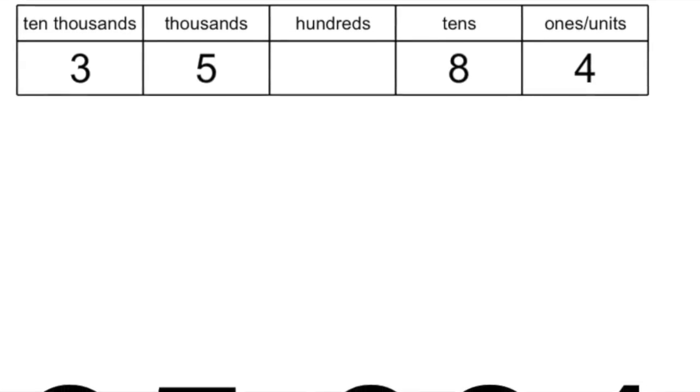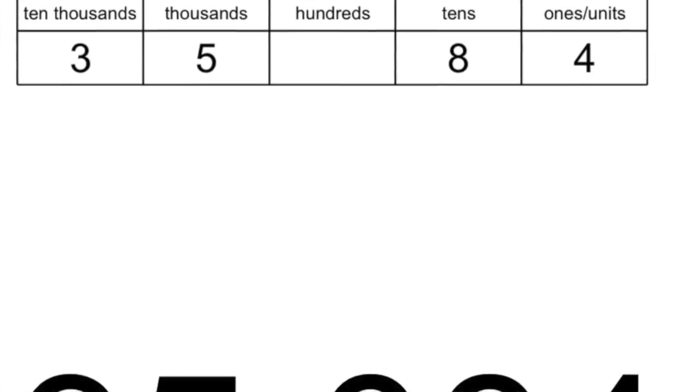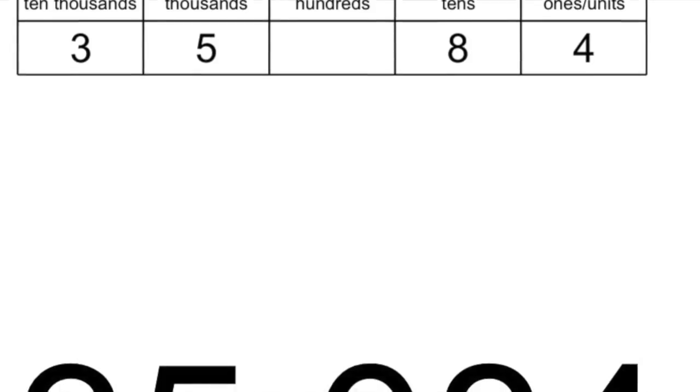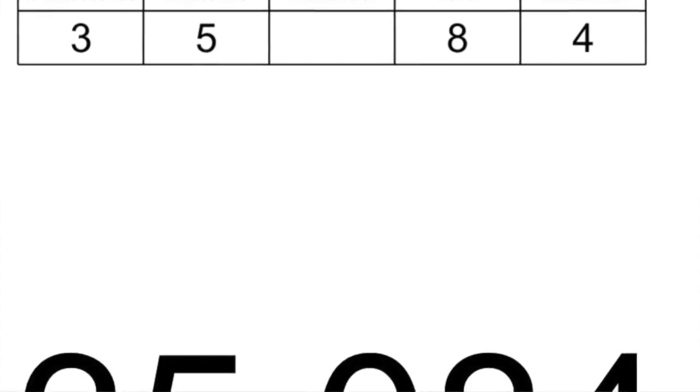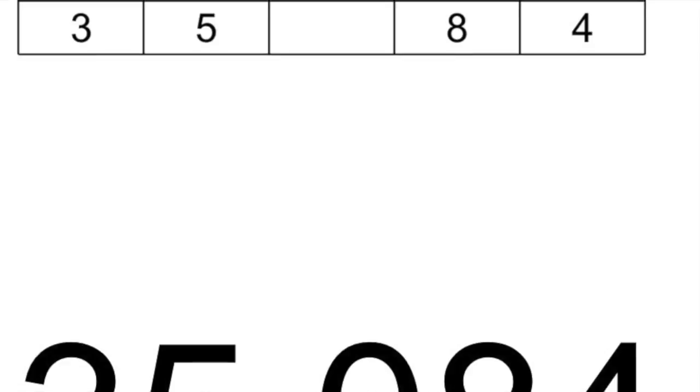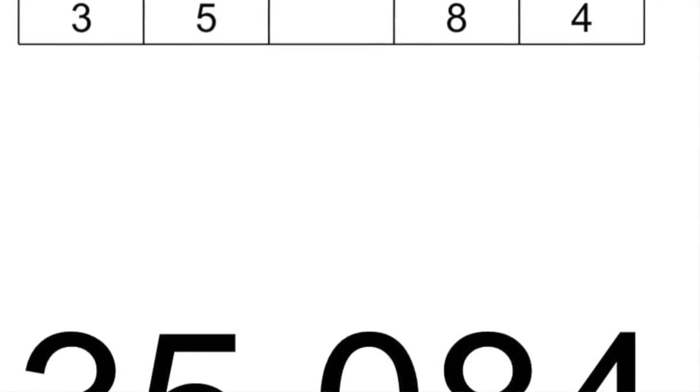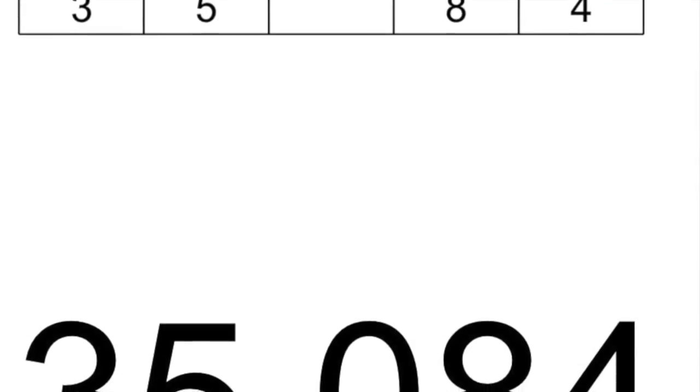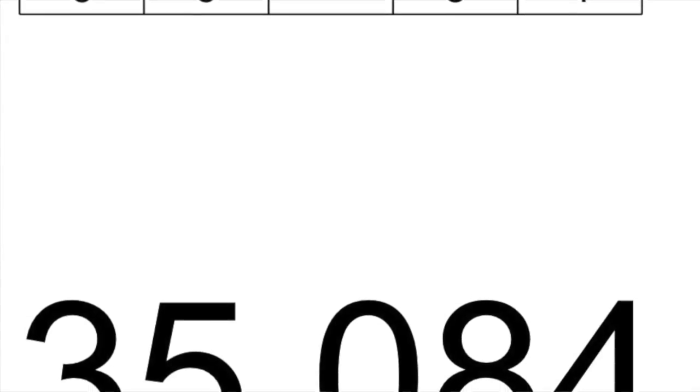However, by the invention of the 0, we can do away with this notation of having to say what column each number is in. And simply by using the figure 0, we can place that so that the 0 tells us that this column here of 100s is empty, and it separates the thousands value from the tens value.